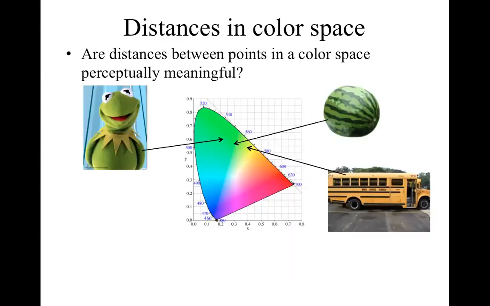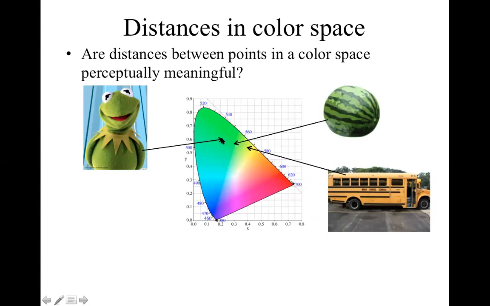Okay, let's look a bit at distances in color. So we have this xy chromaticity diagram from the XYZ linear color model. Here we have 3 images, and we have some pixel colors from 3 pixels in the 3 images.